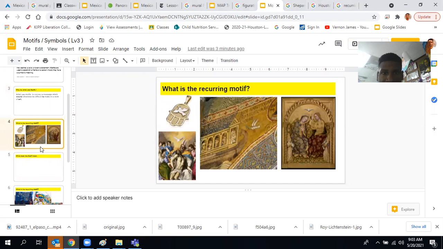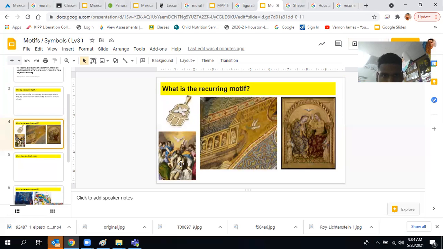So I'm not going to give you the answer here, but what is the recurring motif in these four different pictures? These are all pictures from like Renaissance. Well, this one is from Byzantine. This one is probably Byzantine also, but you don't know about those eras of art.